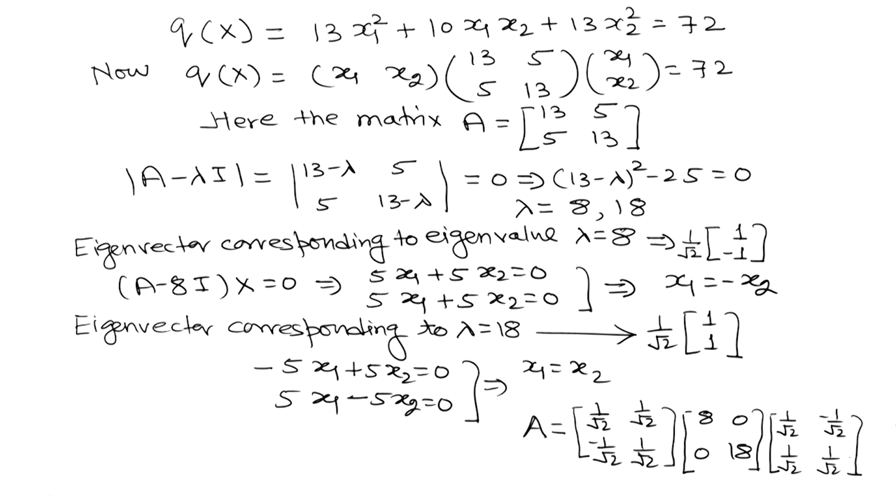Now, the associated quadratic form can be written as Q(x) equals x1 x2 and then matrix Q, which is 1 by root 2, minus 1 by root 2, 1 by root 2 and 1 by root 2.